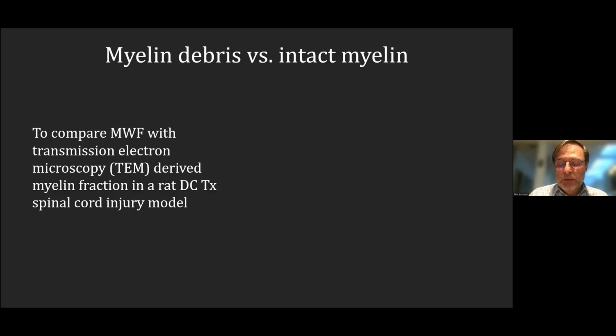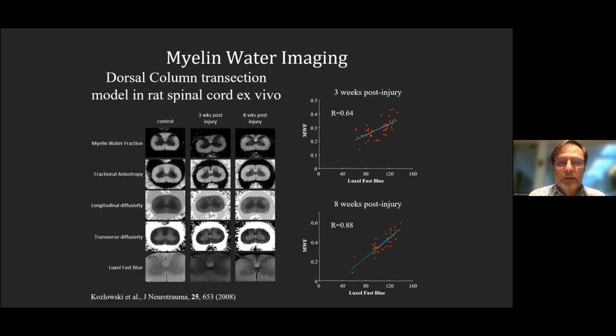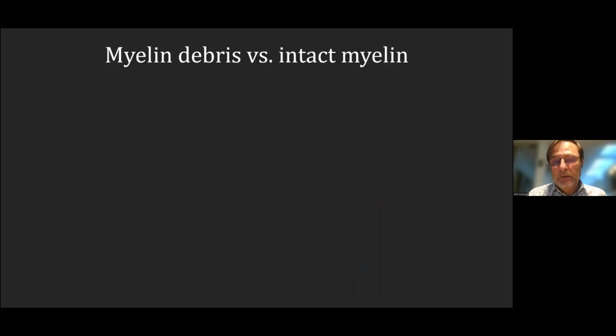Now, the problem that we noticed in this study was that at 3 weeks post-injury, we often saw either very little decrease or sometimes even an increase in myelin water fraction. And that was puzzling. We basically concluded that it must come from myelin debris that was left following the injury.